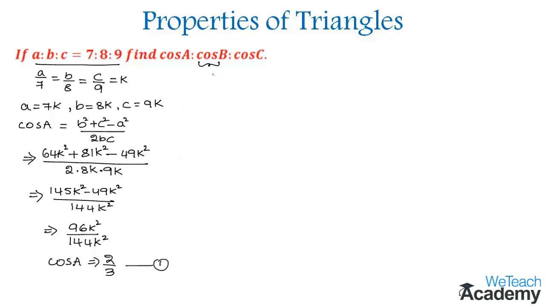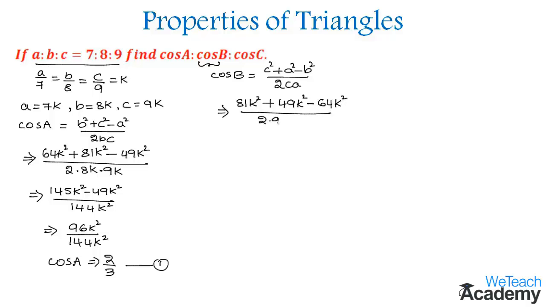Now let us find the value of cos B using the formula (c² + a² - b²) divided by 2ca. Substituting the values, we get c², which is (9k)², that is 81k², plus a², which is 49k², minus b², that is (8k)², which is 64k², whole divided by 2 into c, which is 9k, into a, which is 7k.